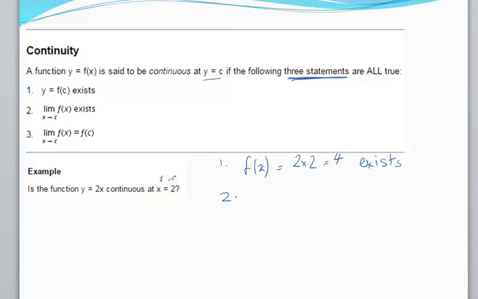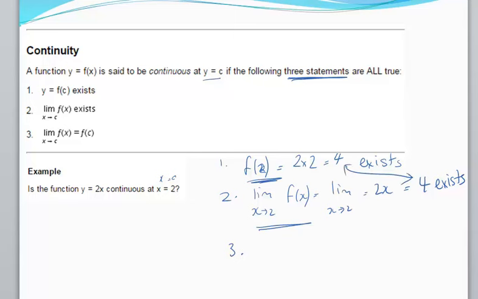For 2, we have the limit as x approaches 2 of our function of x. The limit as x approaches 2 of 2x, we substitute in, is equal to 4, and that exists. For 3, we're checking that the limit of f of x as x approaches c is equal to f of c, which we had here. And both of those are equal to 4.